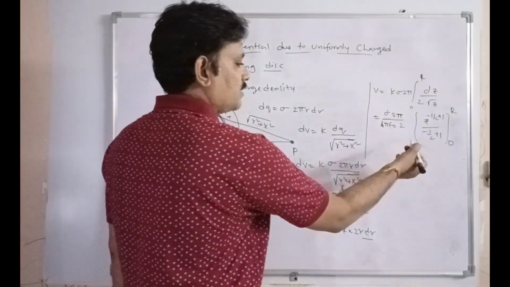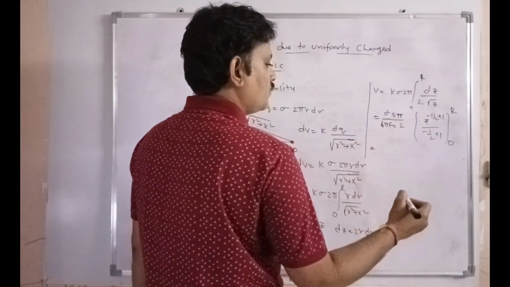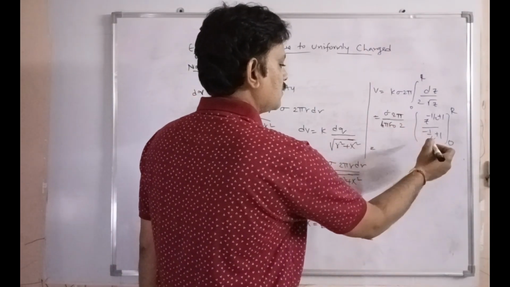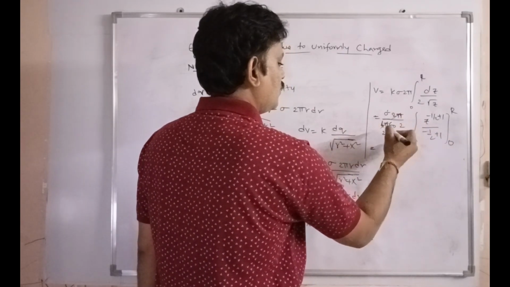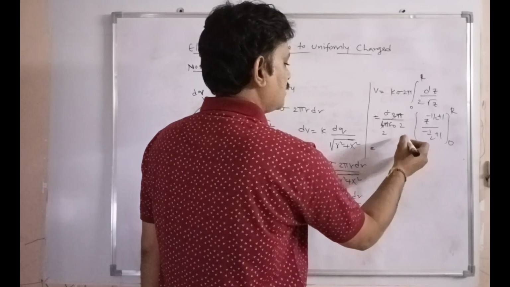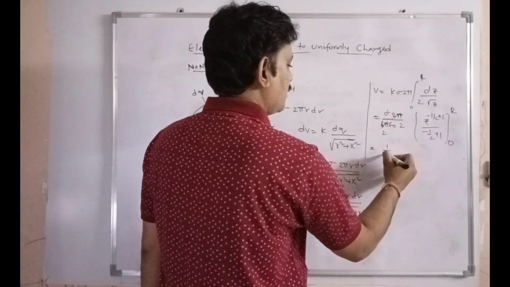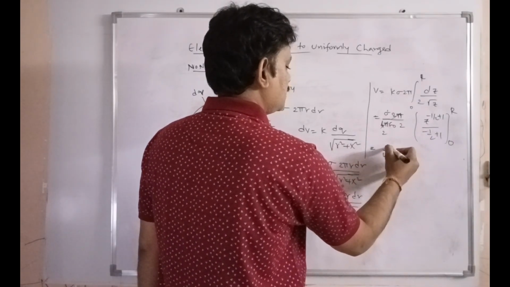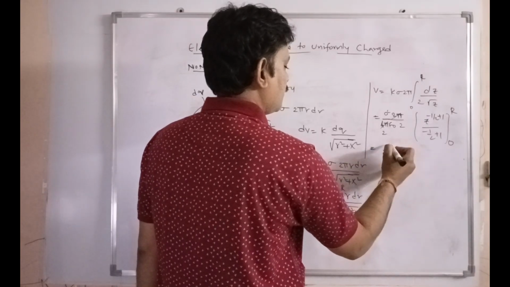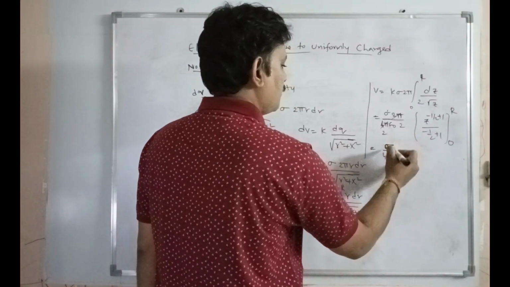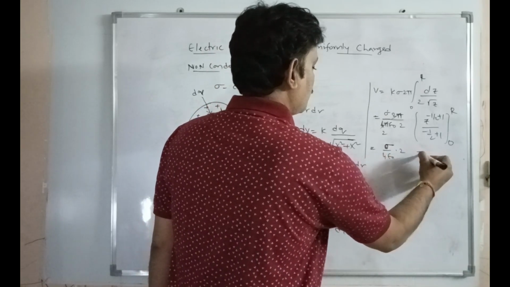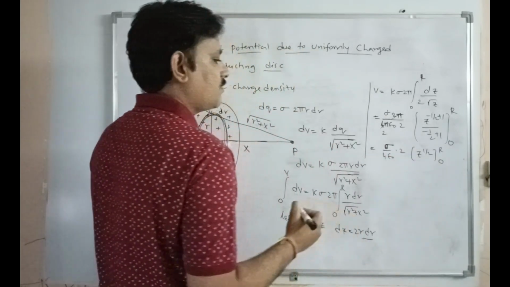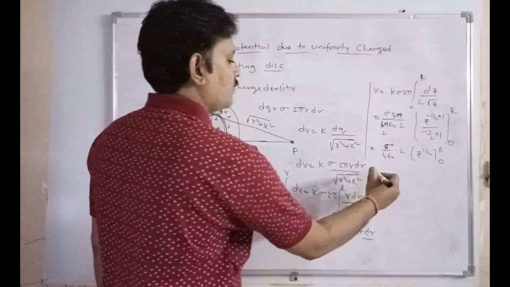So minus 1 by 2 plus 1 is 1 by 2. Then 2 pi and 2 cancel, and here also 1 by 4, so sigma by 4 epsilon naught into 2 z power 1 by 2, with respect to limits R and 0.